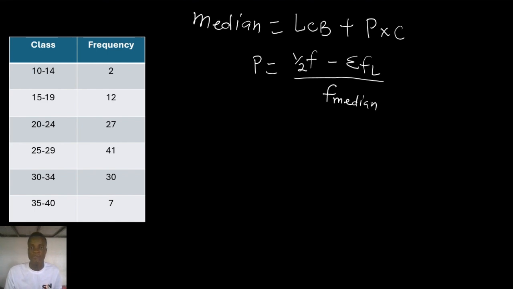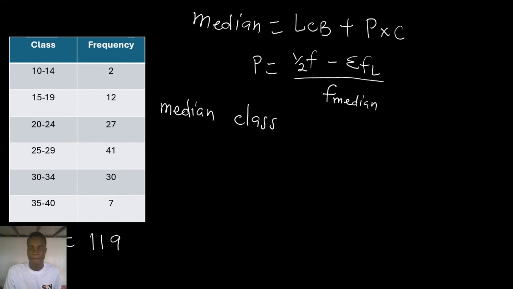So the very first step is to find the median class. If you add all these frequencies together, you will get the total frequency, so sigma f is equal to 119, right? But then we need to find the median class. So first let's fetch the median class.